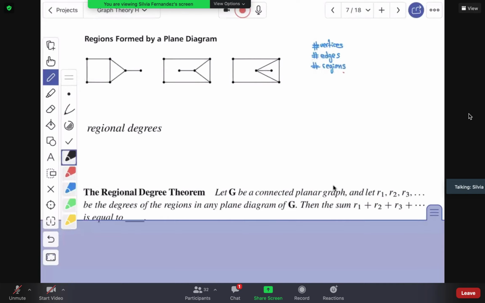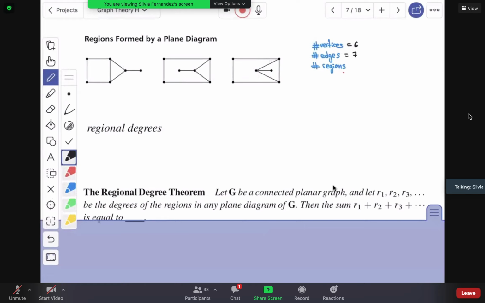For each of these graphs, the number of vertices is 6. The number of edges is 1 quadrilateral and 3 extra edges, so 7 edges, all of them.